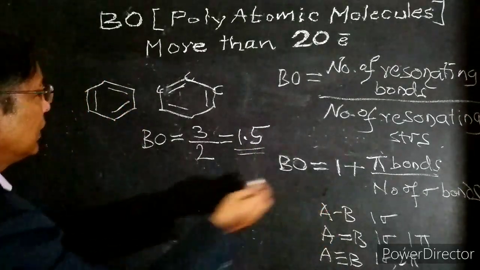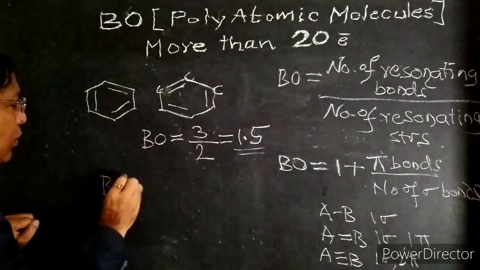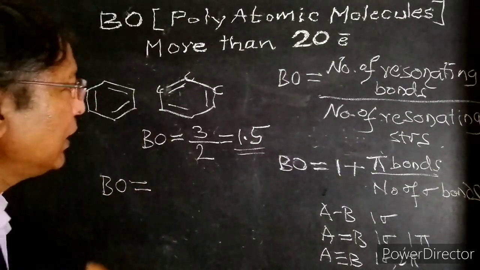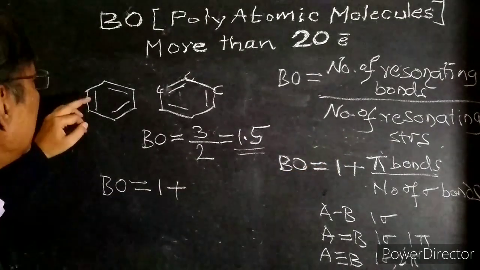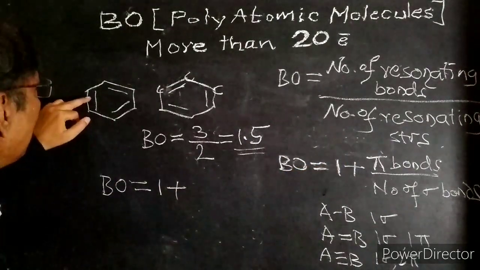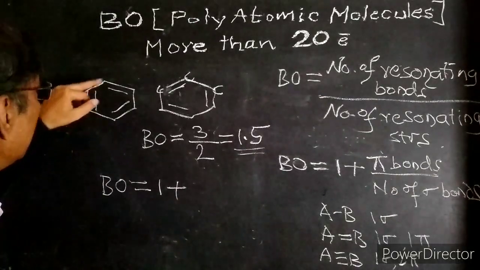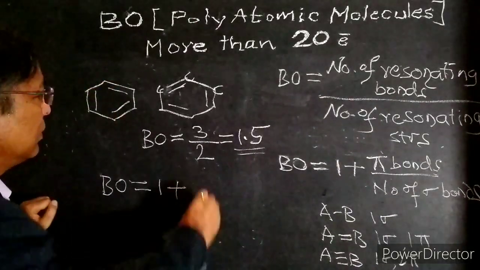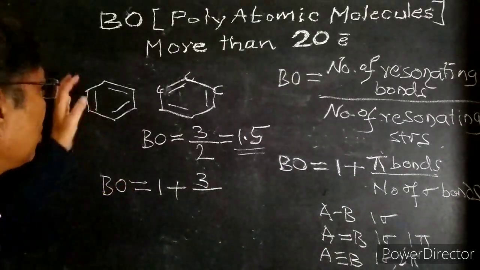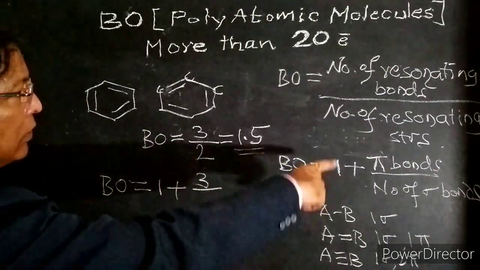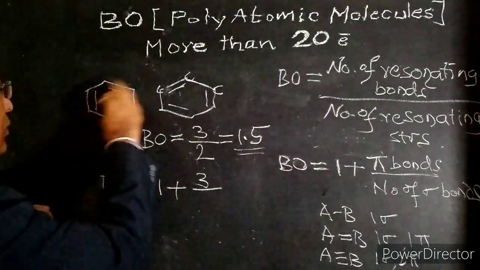Now, let us use the second theoretical formula to calculate the bond order in case of benzene. 1 plus number of pi bonds. If you see how many pi bonds are there, double bond is there, means here is one pi bond, here is second, here is third. 3 divided by total number of sigma bonds, 6.